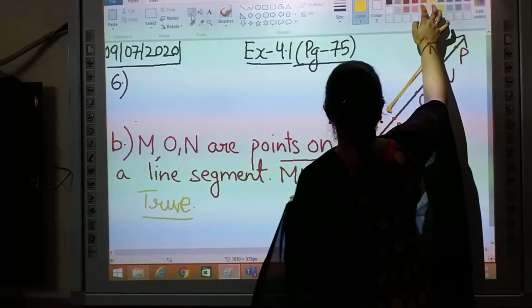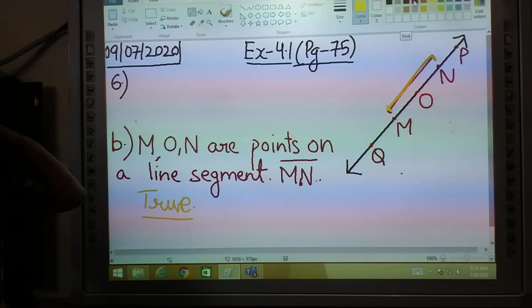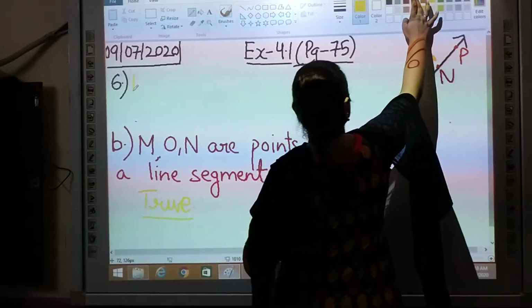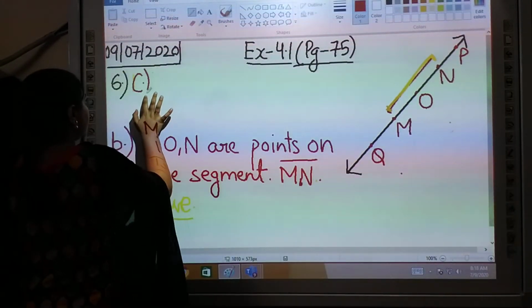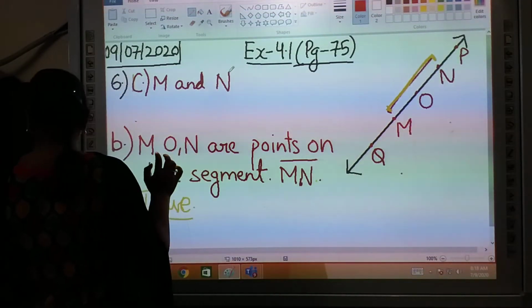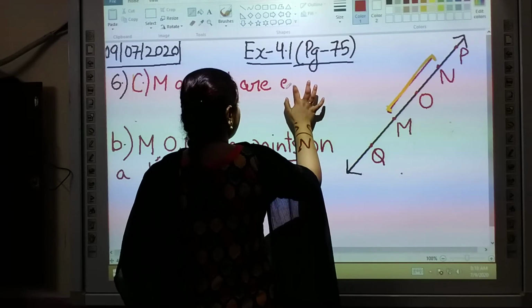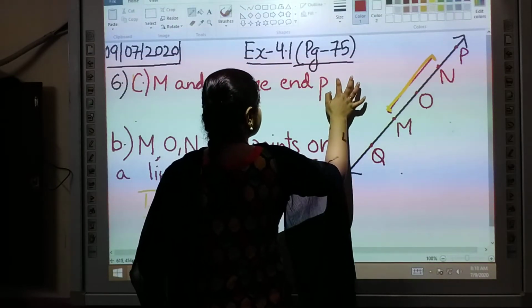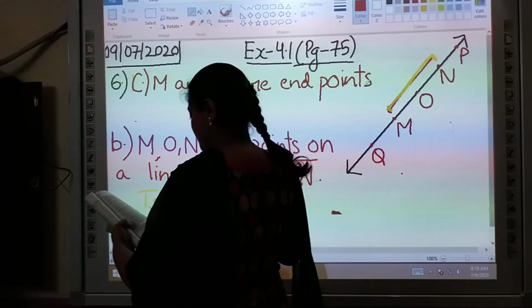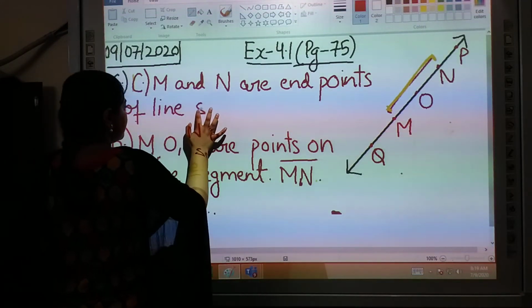The third statement is: M and N are endpoints of line segment MN.